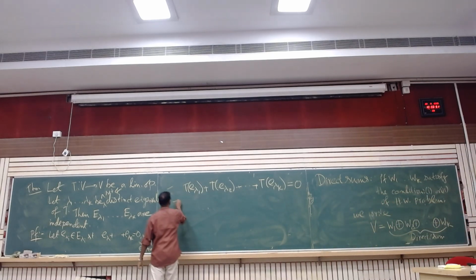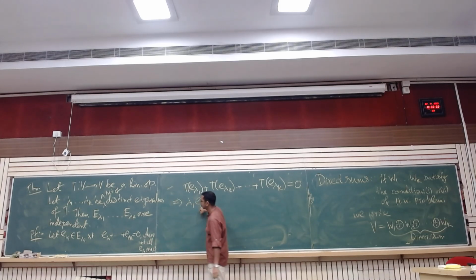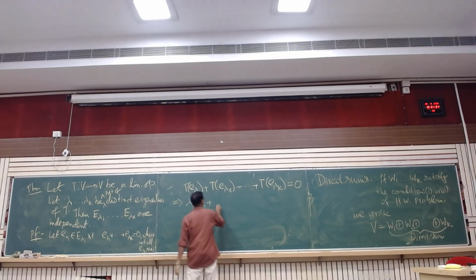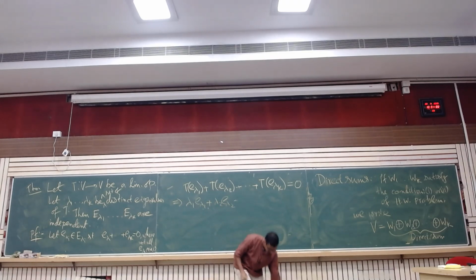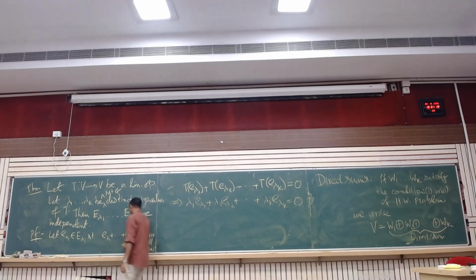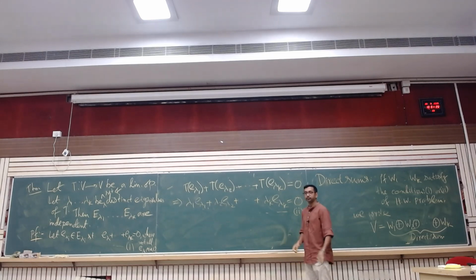And that gives you lambda 1 E lambda 1, because it was an eigenvector in E lambda 1, plus lambda 2 E lambda 2 plus dot dot dot plus lambda k E lambda k equal to 0. So we are getting two relations among these. Call this the first equation, and this the second equation.